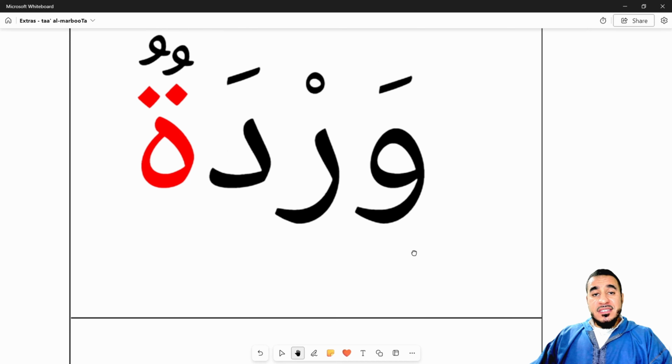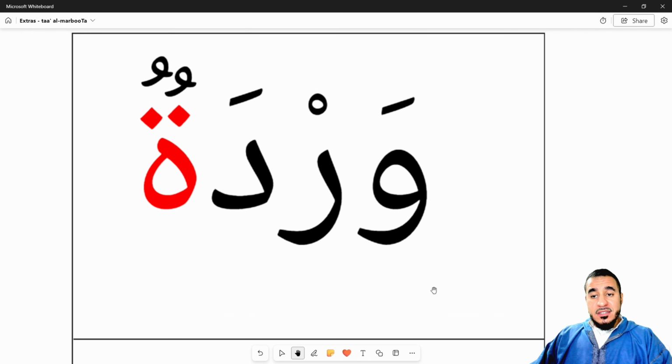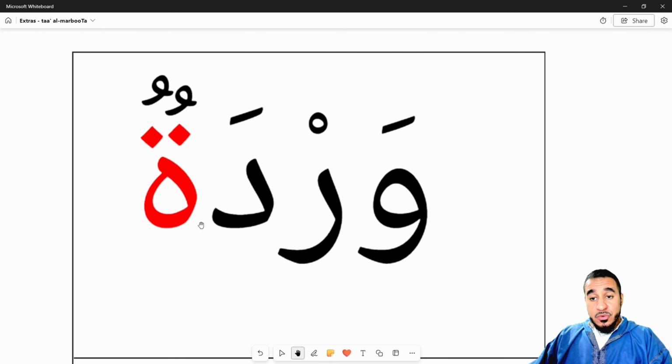But if it's not the last word and it comes before the last word, then we would pronounce the ta al-marbuta with whatever haraka it comes with. For example, warudatun, or if it comes with the kasratan, it would be warudatin, or if it came with the fathatan or the tanween al-fatha, we would say warudatan.